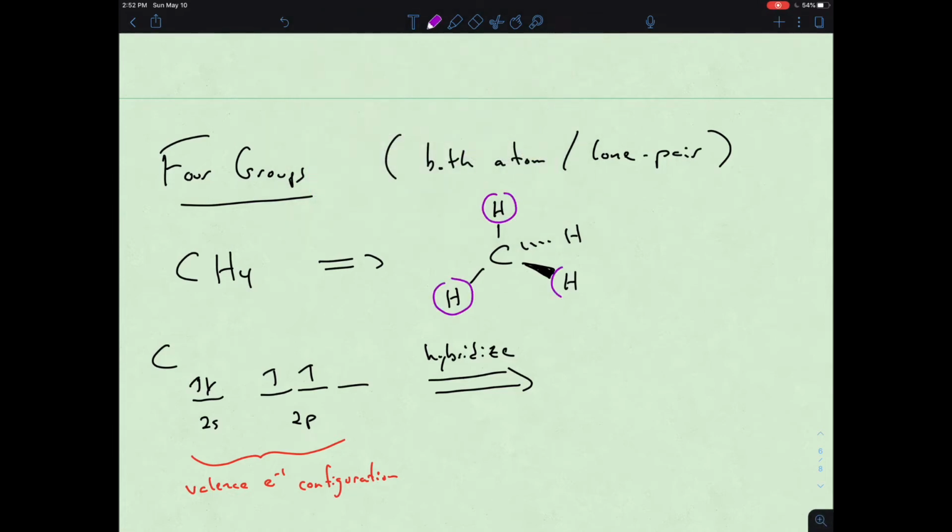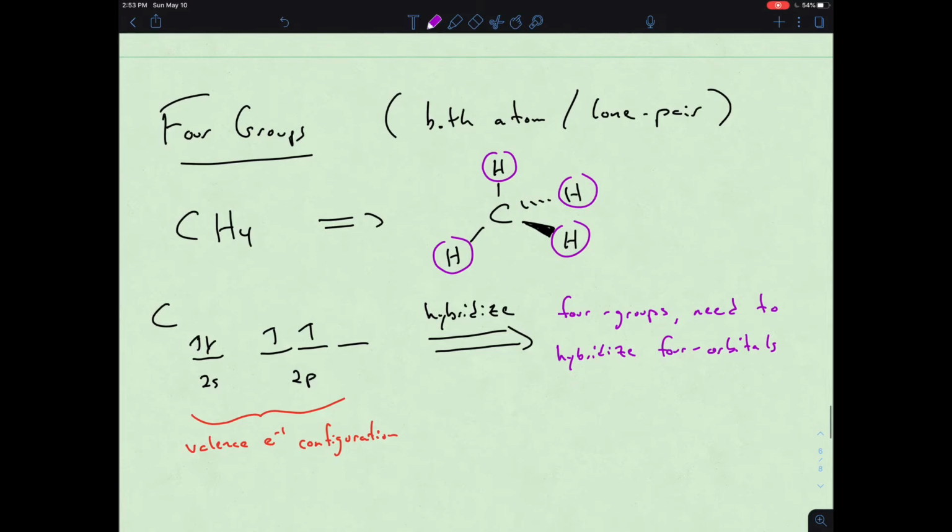Here with our 4 groups, right? That means we need to hybridize 4 orbitals.